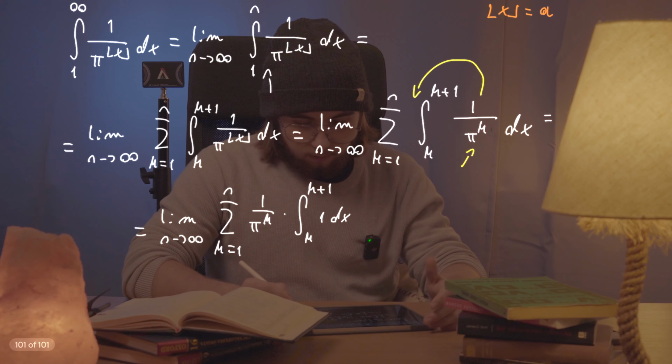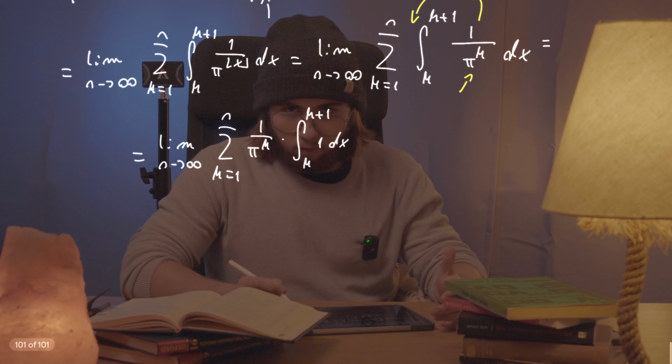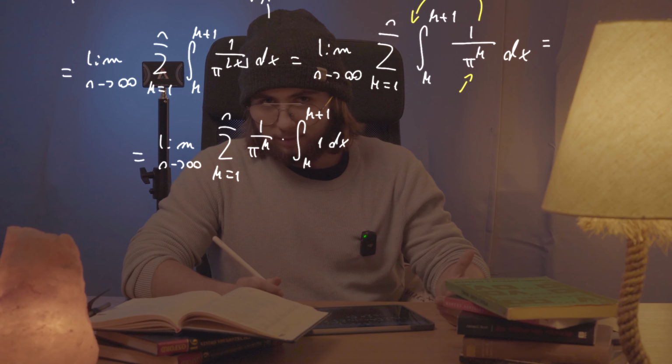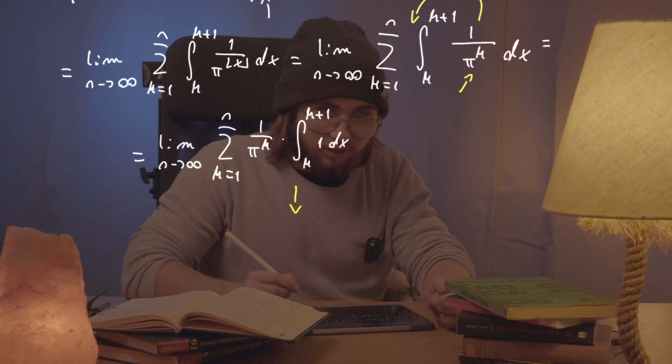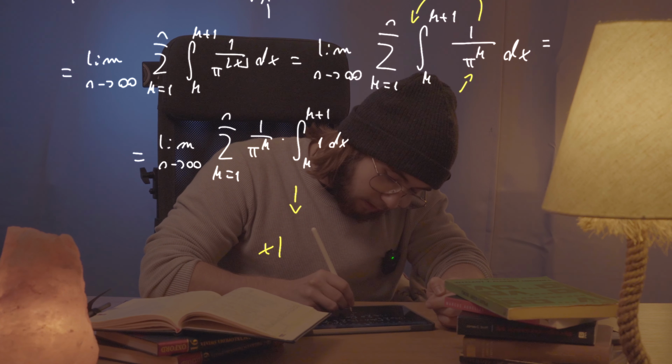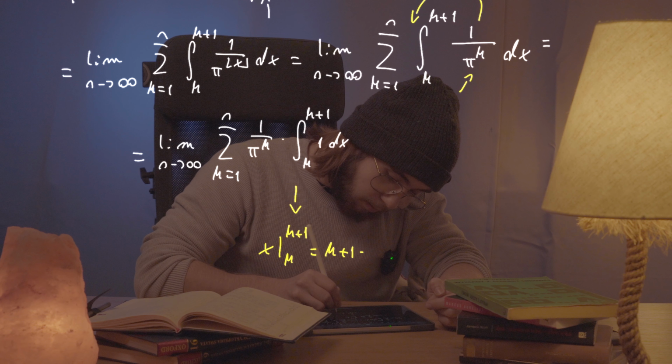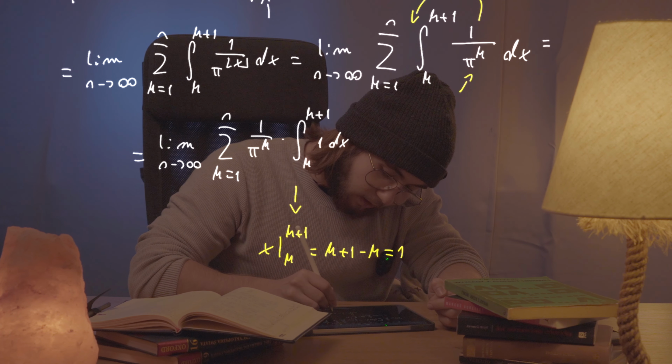Well, that's lovely, because what's the integral from k to k plus 1 of 1 dx? Well, that's just going to be x evaluated from k to k plus 1, but that's just k plus 1 minus k, so that's just a 1.